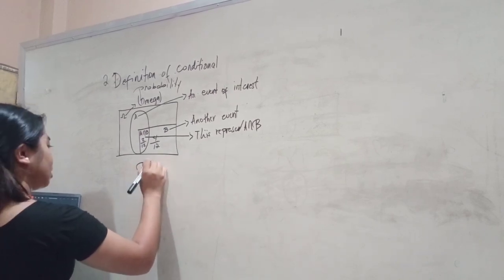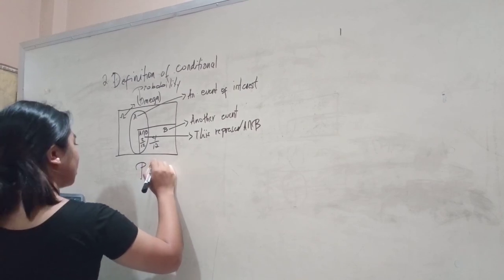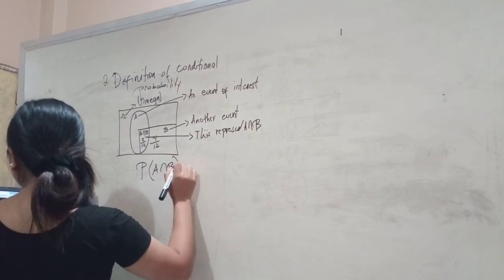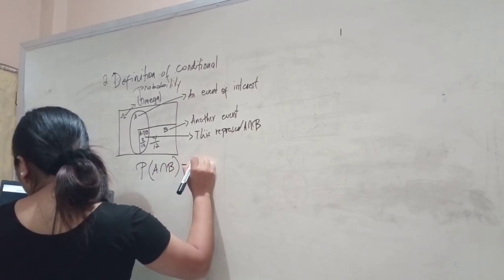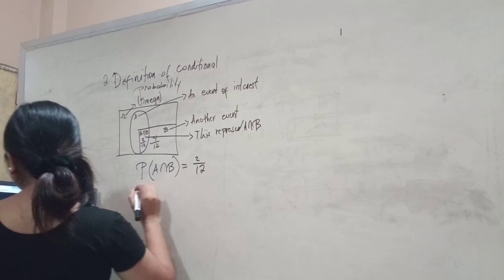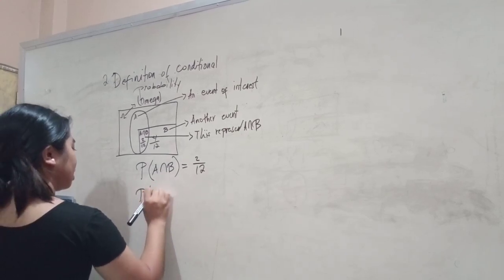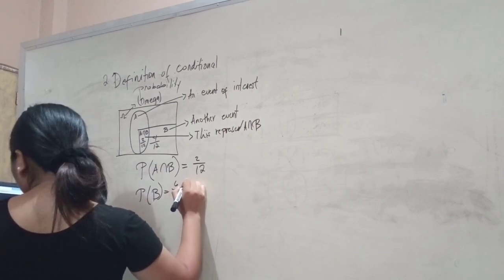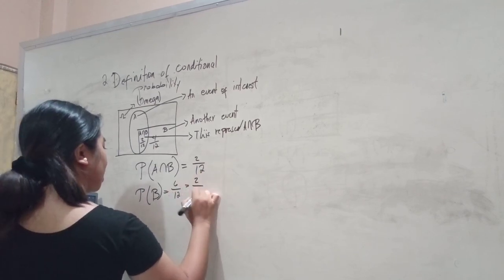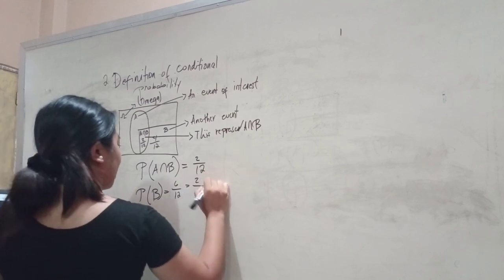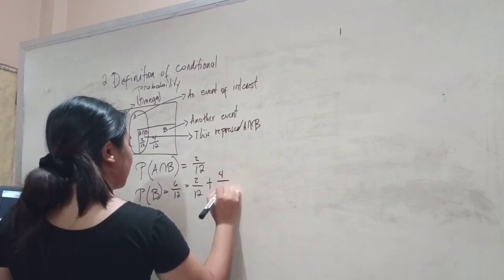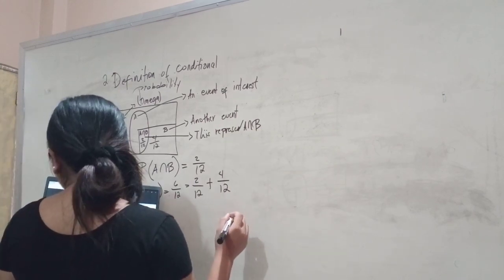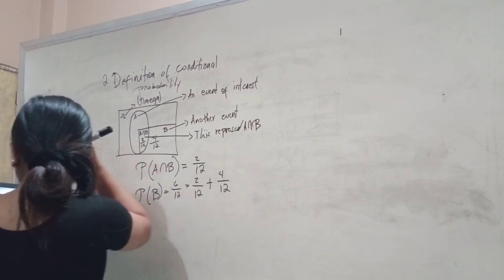The probability of event A intersect B is equal to 2 over 12, and the probability of B is equal to 6 over 12, which equals 2 over 12 plus 4 over 12. So the intersection plus the B-only outcomes.